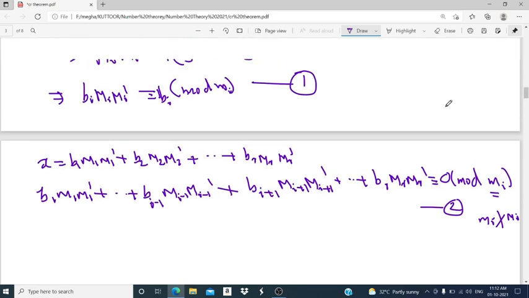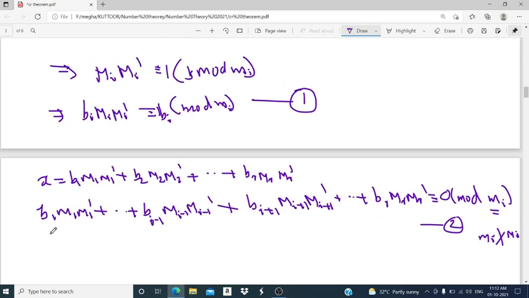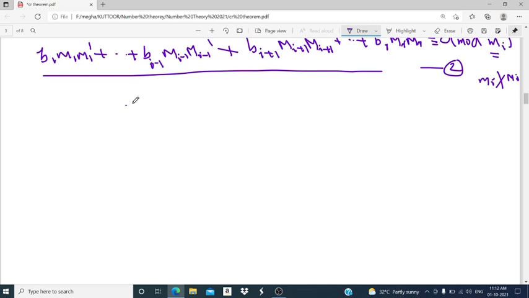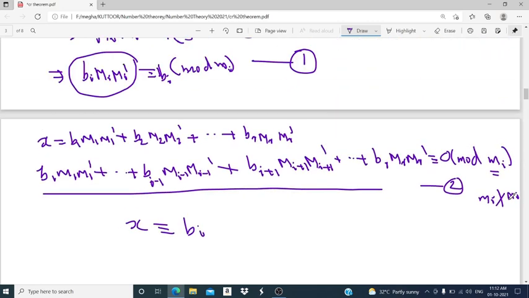Then we add equation number 1 and 2. Then we will get left side as x, because the term bi Mi Mi dash is added here. Therefore we will get right side as x congruent to bi, since here the rest is 0 and this is bi. Therefore we will get x congruent to bi mod mi for all i.